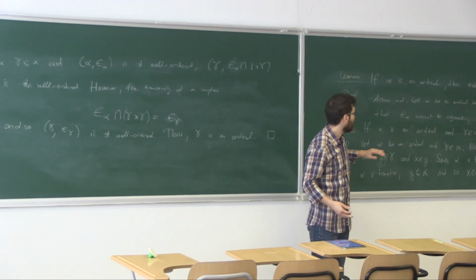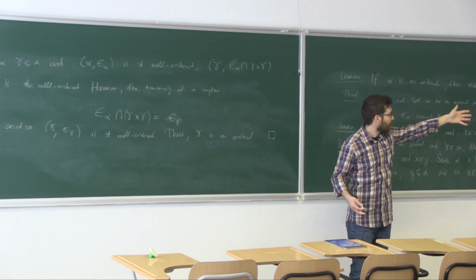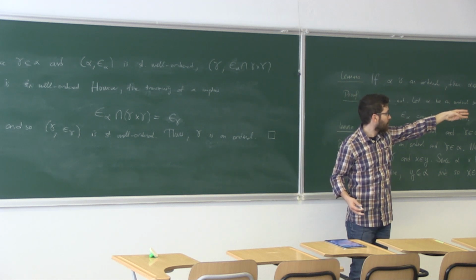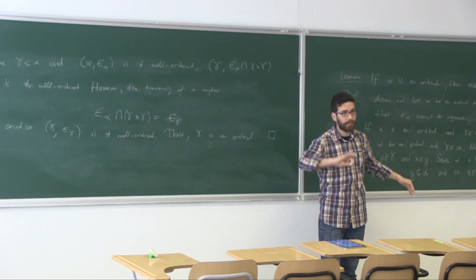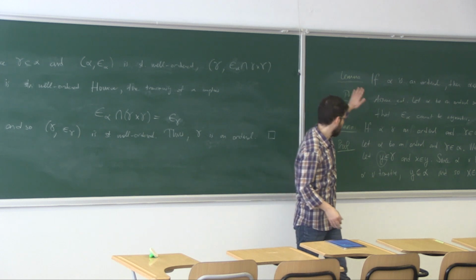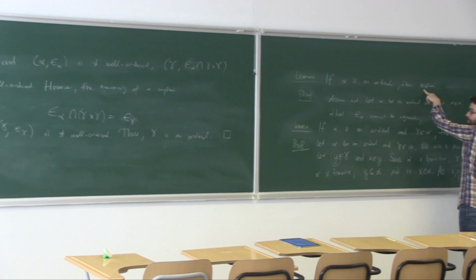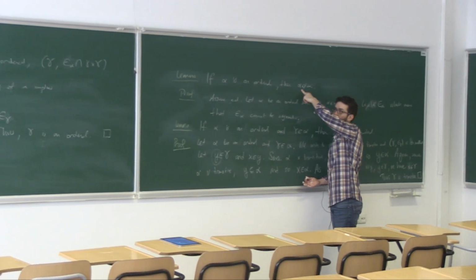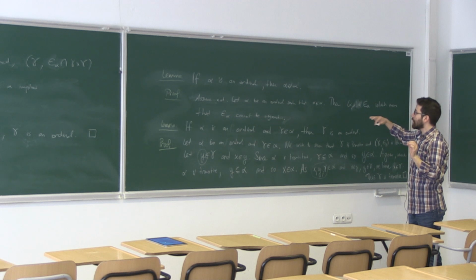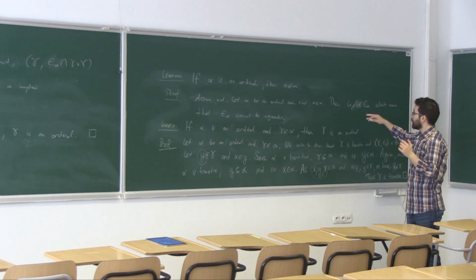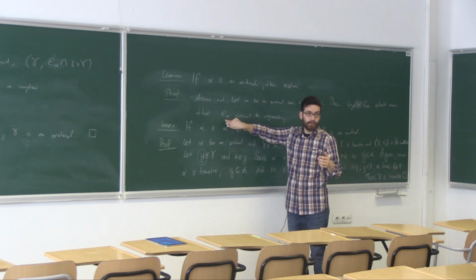And let's see. I need 3 lemmas to prove that theorem, 2 of which I have already proven. The third one I'm going to prove next lecture, but let's understand these 2. The first one says no ordinal is a member of itself, which is true even without the axiom of foundation, because as you can see, the only fact I used here is that this relation is asymmetric.